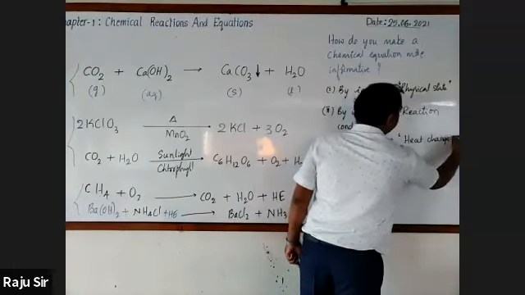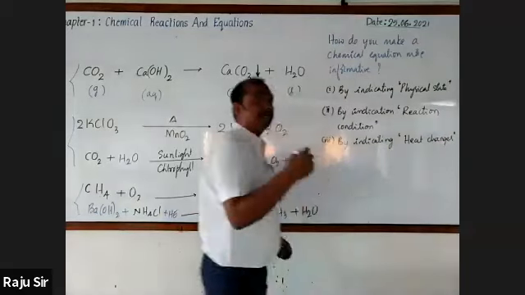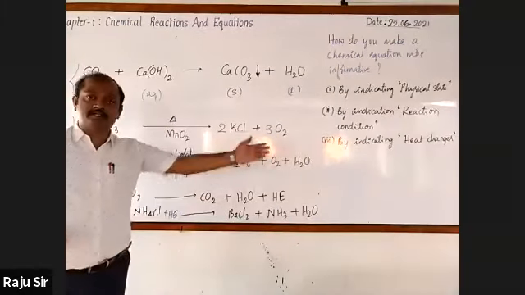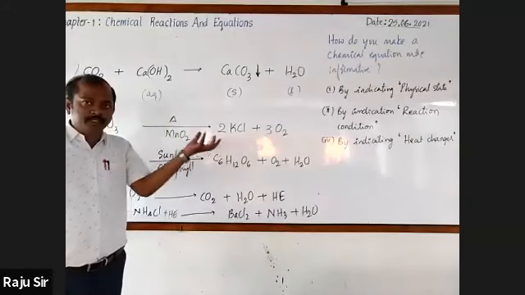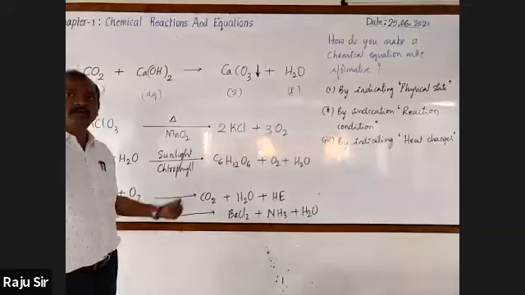Please do remember, if heat is evolved, it is to be written on the right hand side of the chemical equation, in the product side. If heat is absorbed, that is to be written on the left hand side.